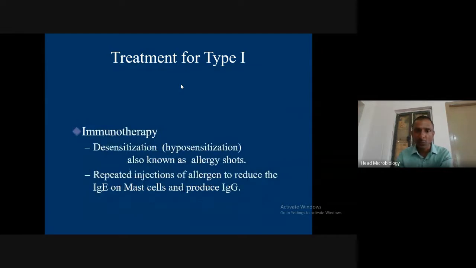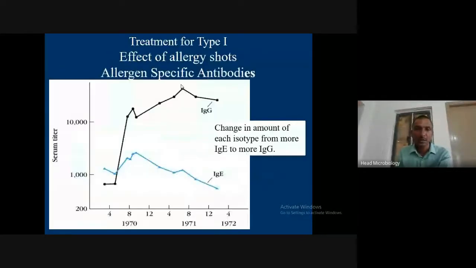And immunotherapy, desensitization or hyposensitization, also known as allergy shots, involves repeated injection of the allergen to reduce immunoglobulin E on the mast cells and produce immunoglobulin G.